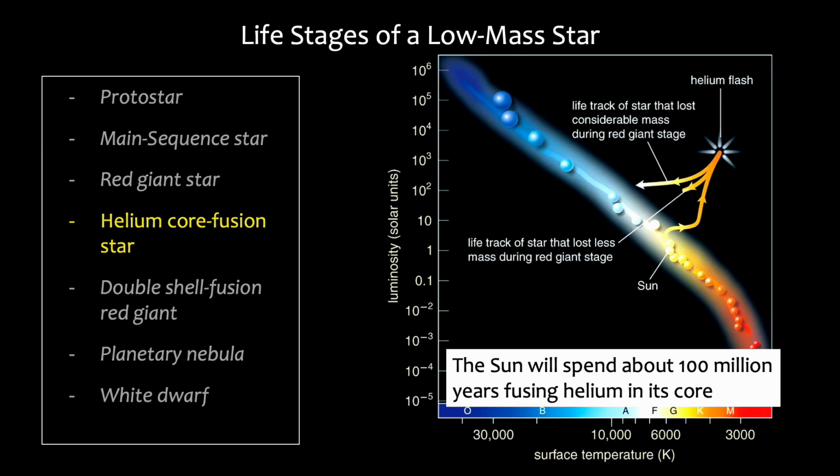The helium core fusion star is still smaller and hotter than it was as a red giant. Its life track on the HR diagram drops downward to the left, okay? It goes from the helium flash right here, and it will drop this way, like that.